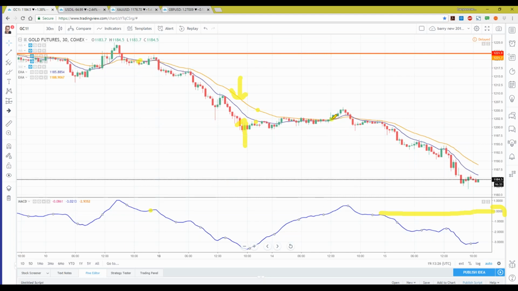So wherever there's a crossover, it's always a 0. So basically, if we look at the bottom line, every time it is at 0, we know the shorter and the longer EMAs are crossing each other.